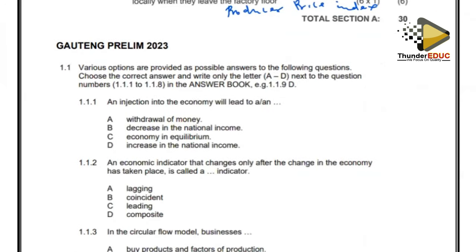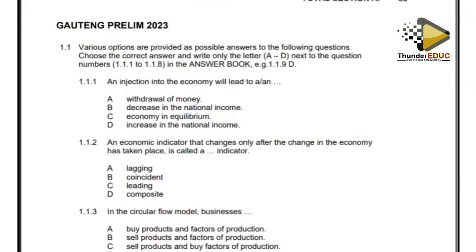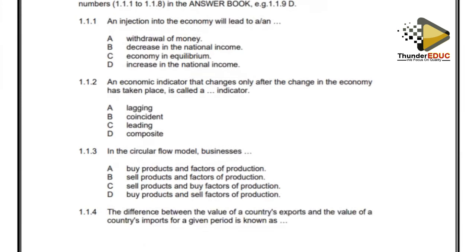The next question that we have is 1.1, in particular 1.1.2. So 1.1.2 reads as follows: an injection into the economy will lead to dearth. And then we have option A to option D. And remember, grade 12s, I told you that in order for you to master this set of questions, you should always apply the elimination method.